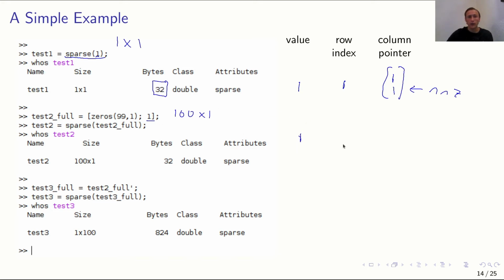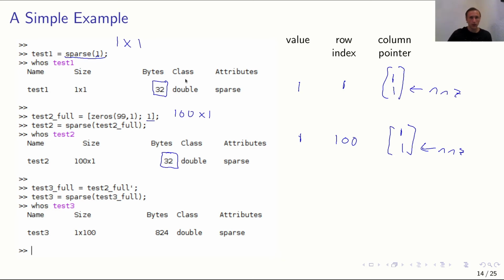The row index of this value is going to be 100, since it's located in the 100th row. But since we have one column, the column pointer is still going to be just 1, and the number of non-zeros is also still going to be just 1, meaning we still need to store just 4 values in our memory, each requiring 8 bytes, still totaling to 32 bytes.